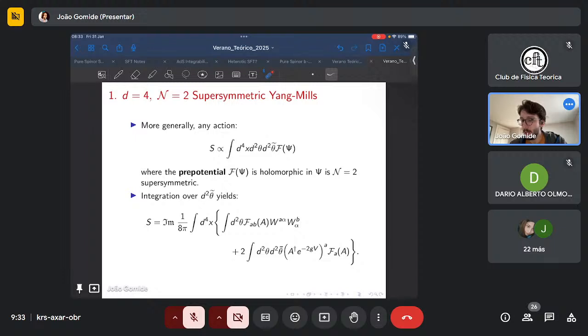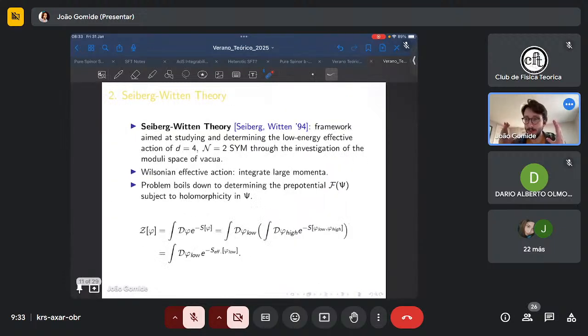So we have the first term, which is just psi squared, but we want to see what the other terms are in the quantum regime. To do so, we will use this thing called Seiberg-Witten theory.